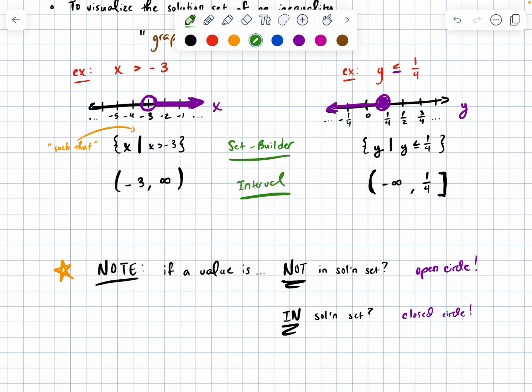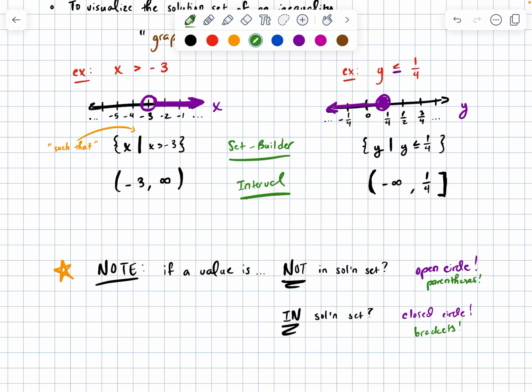For my interval notation, notice the set builder notation looks the same either way. You just slot your thing in. But for a value that's not in the solution set, interval notation gives it a parentheses, whereas if it's in the solution set, it gives it a bracket.